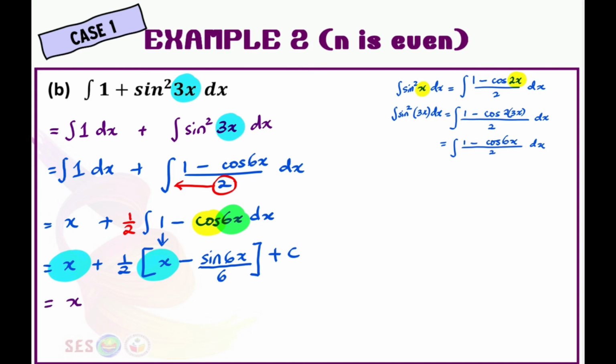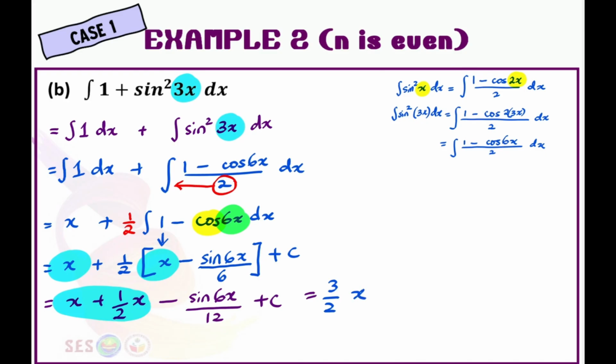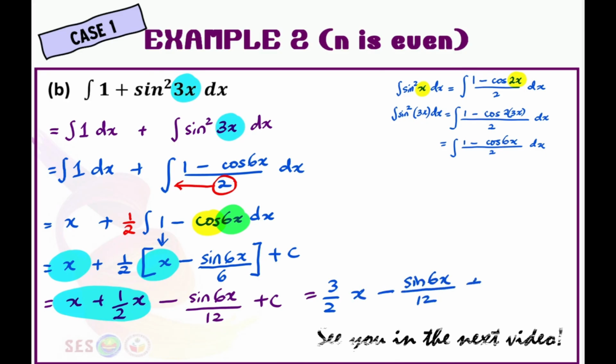I will get x plus 1 over 2 x minus sine 6x over 12 plus c. Calculating these two, I will get 3 over 2 x minus sine 6x over 12 plus c. So that's my final answer.